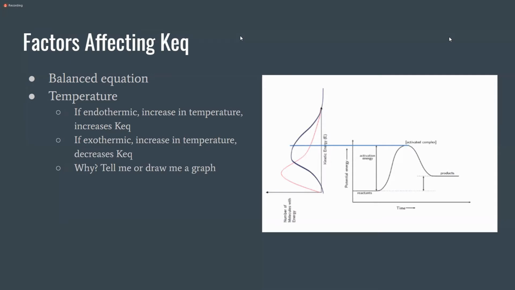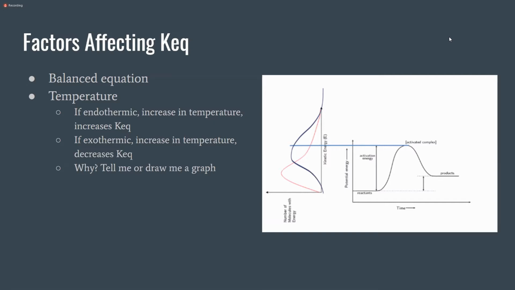There are different factors that are going to affect K equilibrium. Obviously, like I just mentioned, the numerical value is dependent on the balanced equation and how you balanced it. And the numerical value may change if you decide to balance it in another way. But also there are things that affect K equilibrium and the equilibrium itself. And one of those things is a change in temperature.